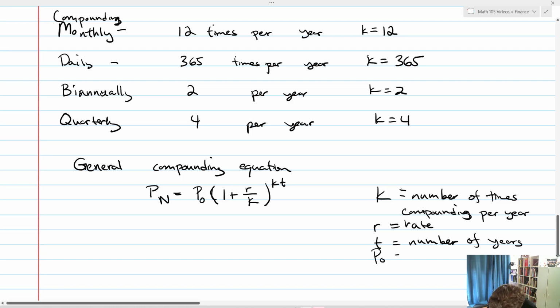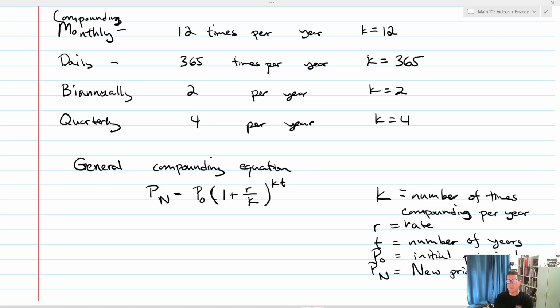P naught is our initial principal. And P sub n, P sub big N, we've seen this before, is going to equal our new principal, our new amount of money at the end of T years. And that's our equation. Okay? So that's what we're going to use for our equations.